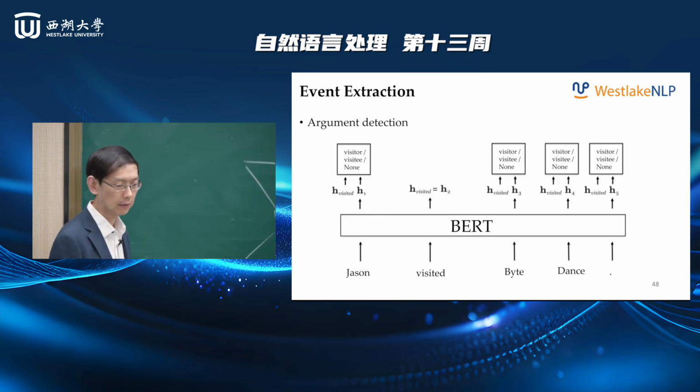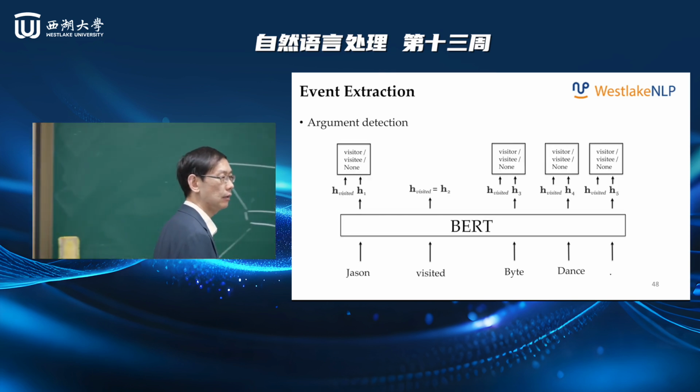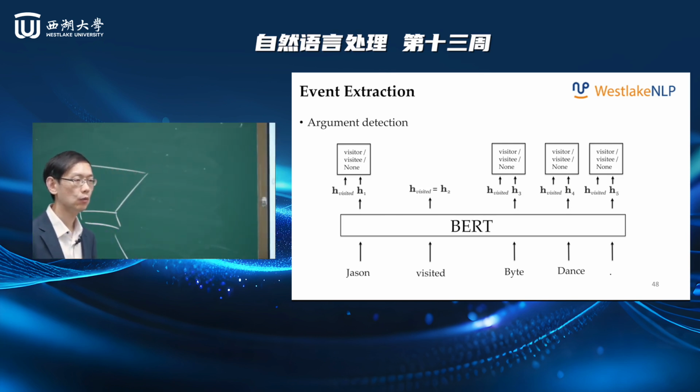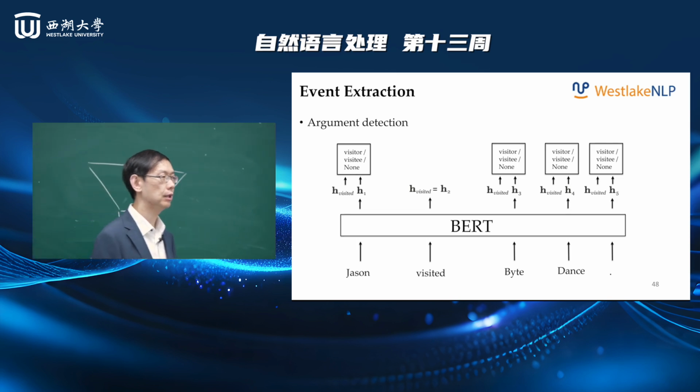Now with that event, the next thing to classify is: who are the arguments and what are the relations between the arguments and the trigger?